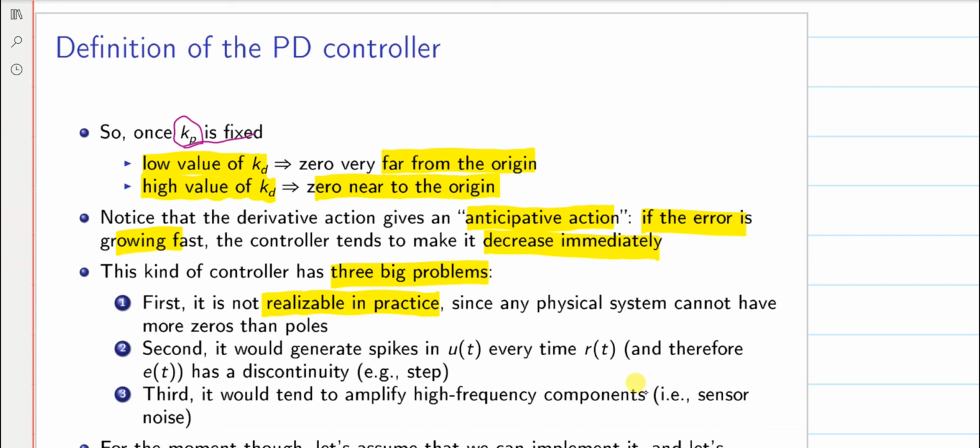The second one is that it would generate spikes in the control action u(t) every time that r, and therefore e, because e is equal to r minus y, has a discontinuity.